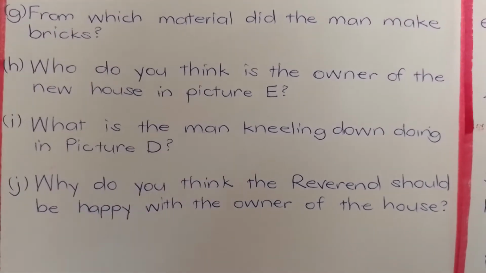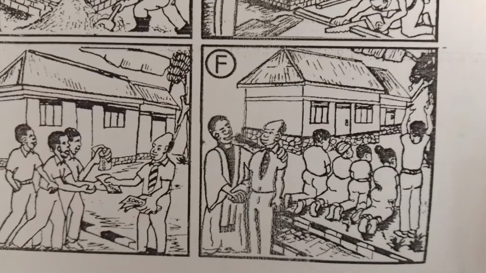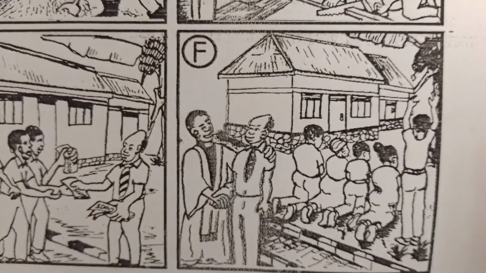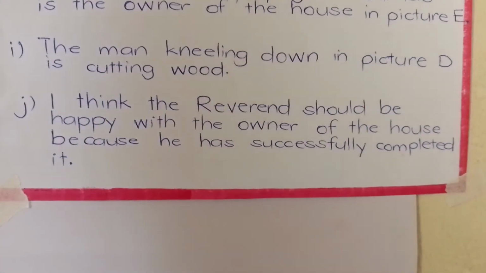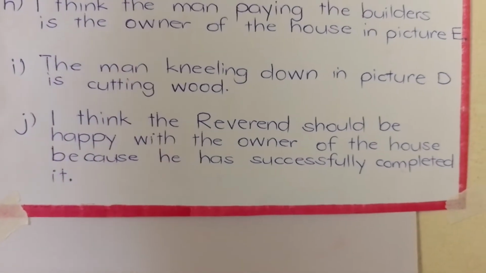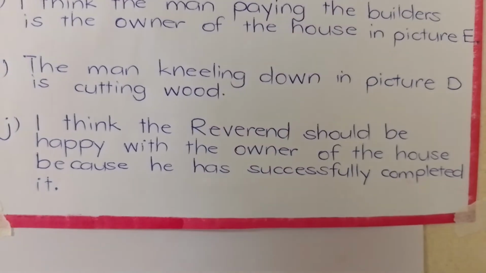After looking at the picture, we may have different answers depending on how we think. We may not think in the same way. We have different opinions about this. But my opinion is, I think the Reverend should be happy with the owner of the house because he has successfully completed it.